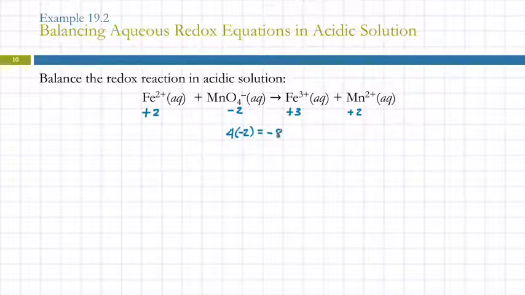So that's a total of -8. And overall, the oxidation states have to add up to -1. So we've got X plus -8 equals -1. What is X? 7. So this manganese is +7. Any questions? It seems like kind of a high number, doesn't it? But manganese does that.